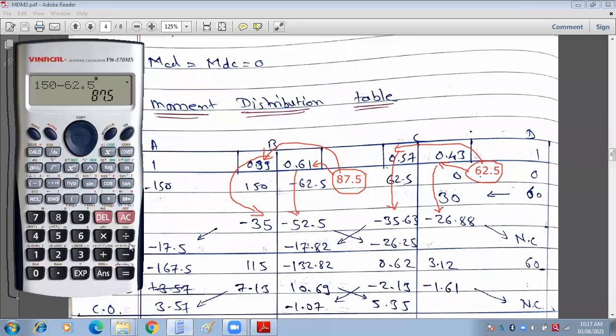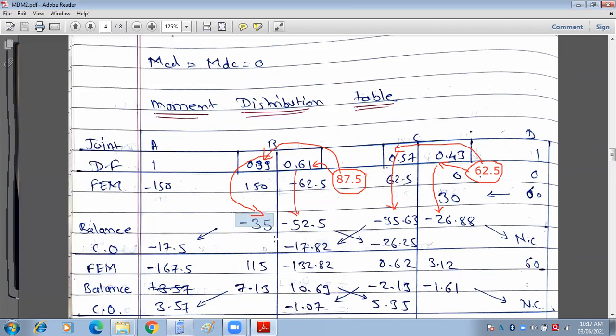Now for the first case, 87.5 into 0.39. Now let us consider this, round up the values, therefore 35. Let us consider this 35.